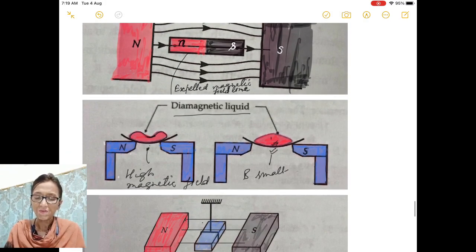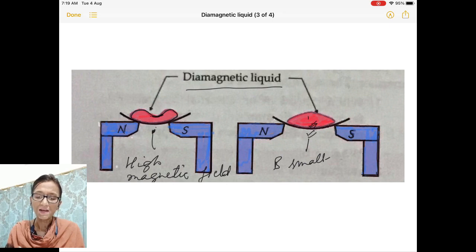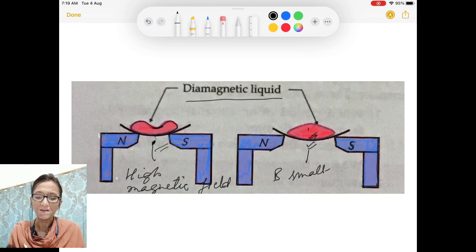You have another figure. Here you can see that the highest magnetic field is at the center, at this very point. So here diamagnetic liquid has bulged out from this high magnetic field region, and it reaches its maximum at these places.